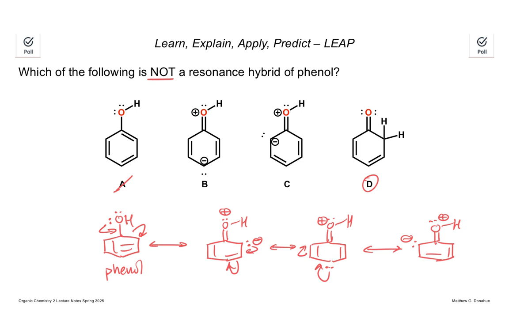So just as a preview question, if electron donating groups, EDGs, go 1,2 or 1,4, where do you think an electron withdrawing group goes?